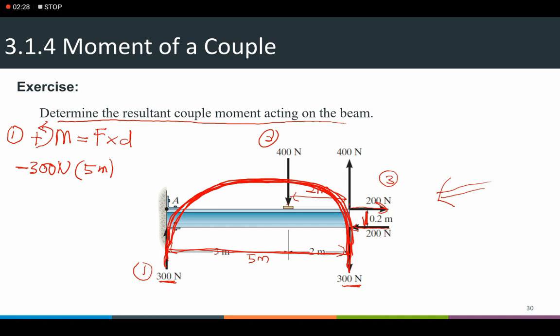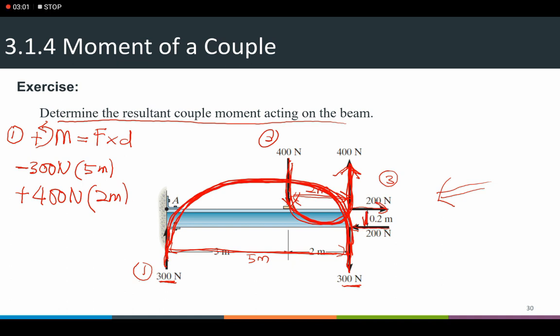How about number 2? 400 Newton. This direction is counterclockwise. Okay, counterclockwise. So positive 400 Newton multiplied by perpendicular distance 2 meter.